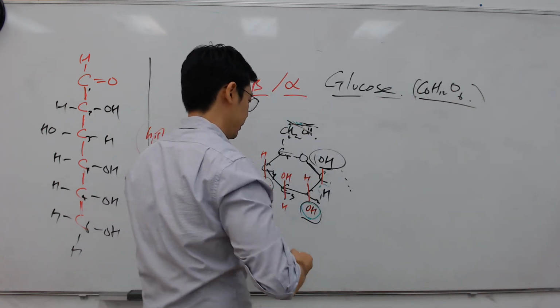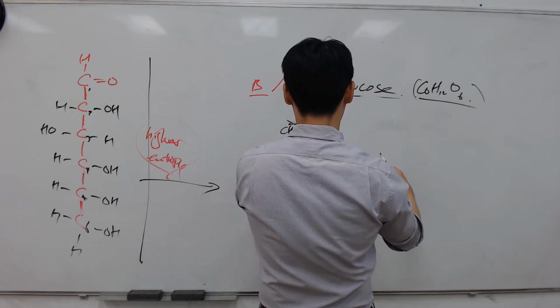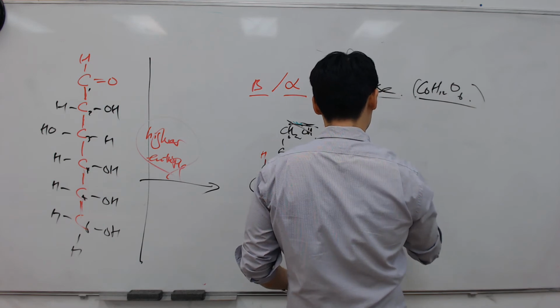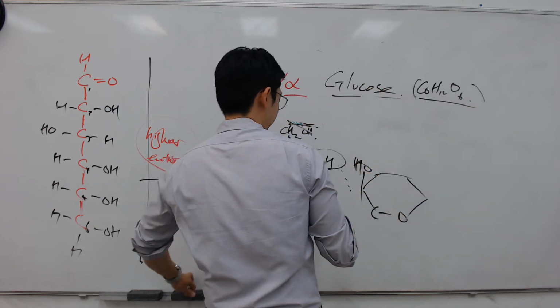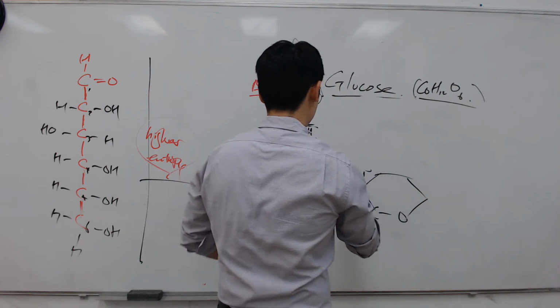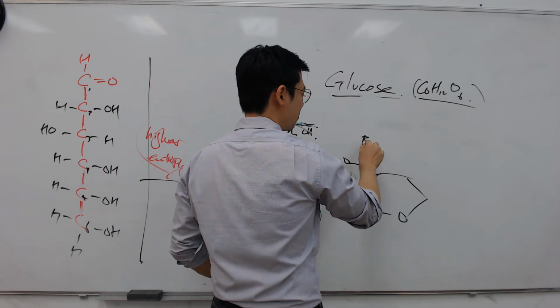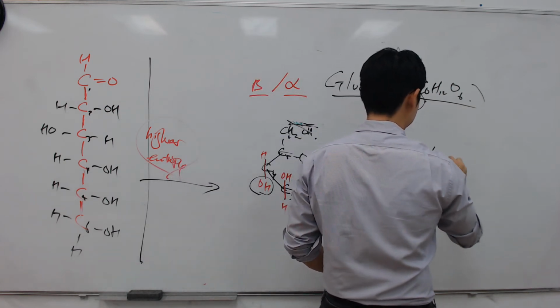Now if you look at this flipped version, if you flip it, carbon here, oxygen here. Now if you look at it here, this is what we call a beta 1,4 glycosidic linkage.